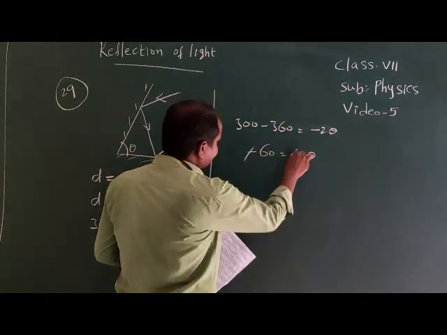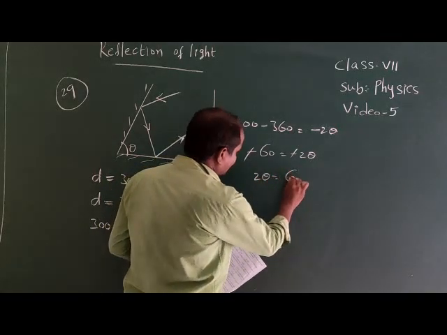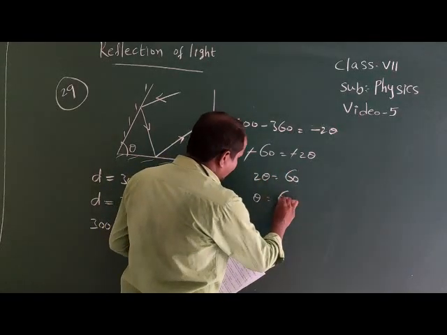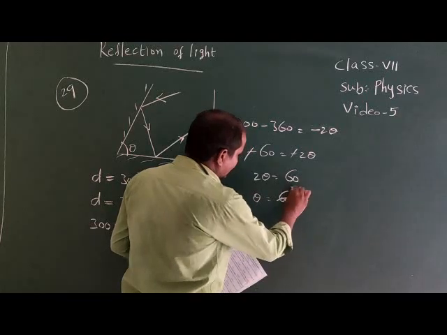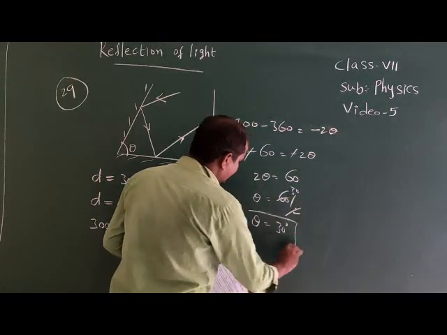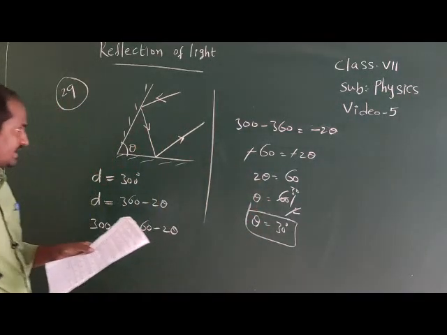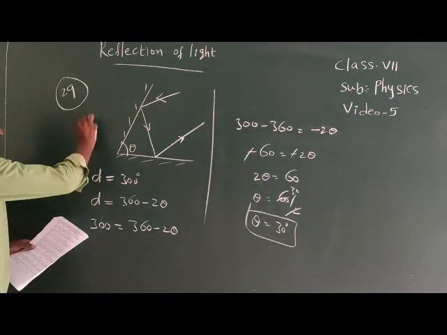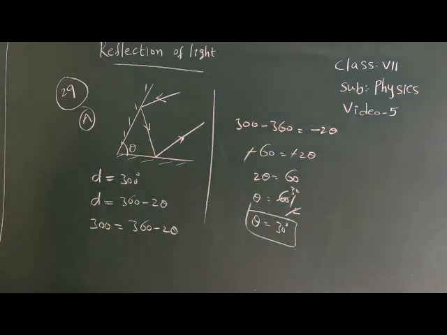Minus minus cancels, so 2 theta equals 60, theta equals 60 by 2, which is 30. So theta equals 30 degrees. Option A is the answer for 29, that equals 30 degrees. Now 31 I will explain later.